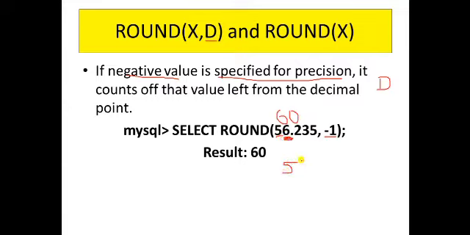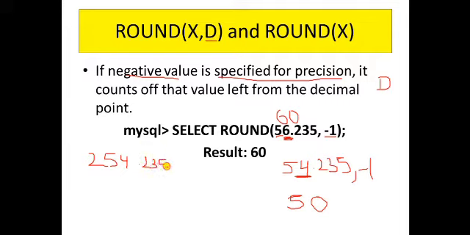If it would have been 54.235 comma minus 1, then the output will be 50. Why? Because this 4 is less than 5. I hope it is clear. And if it is 254.235 comma minus 2, that means it will look at these two digits. It is greater than 50, so this will become 300.